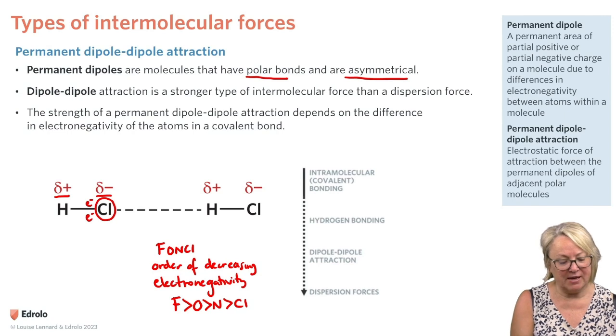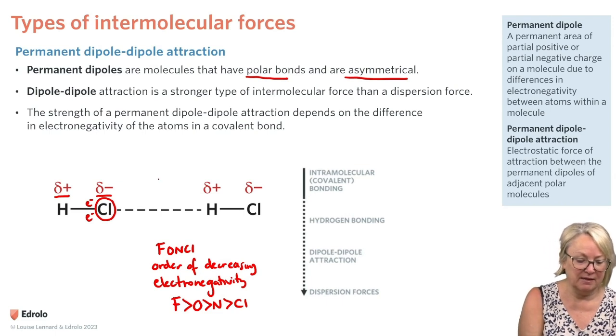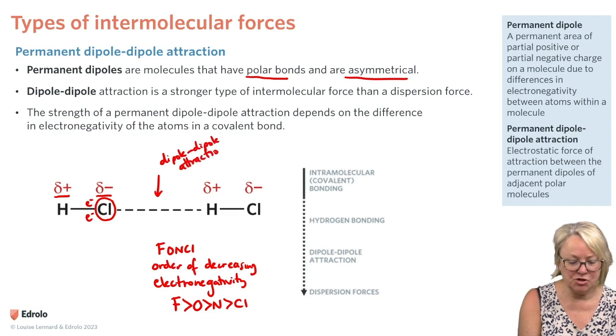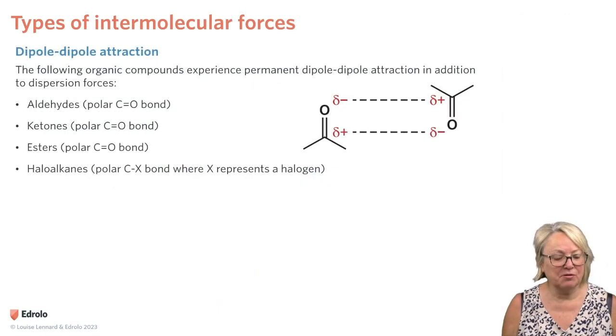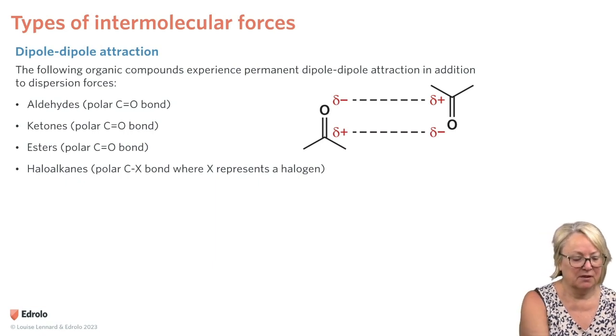And if we have a slightly negative and a slightly positive, the electrostatic attraction will be a dipole-dipole interaction or attraction. So dipole-dipole attraction can occur between these types of functional groups in organic molecules.